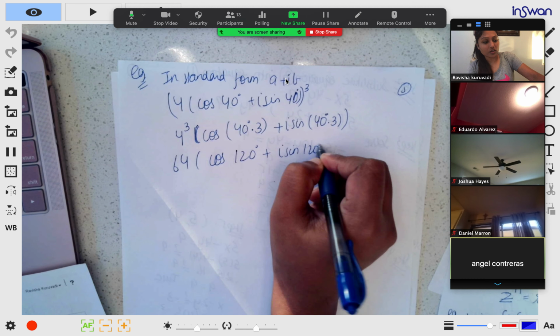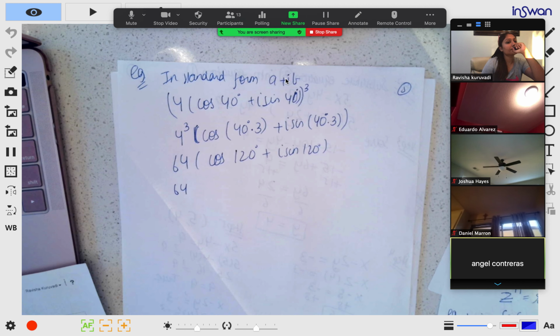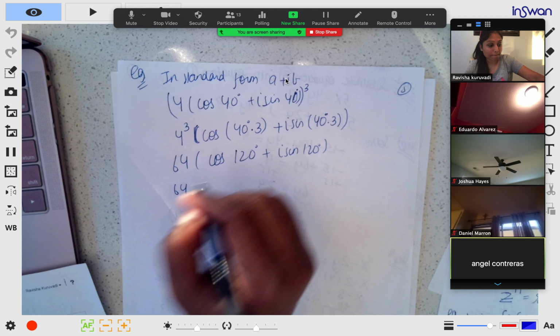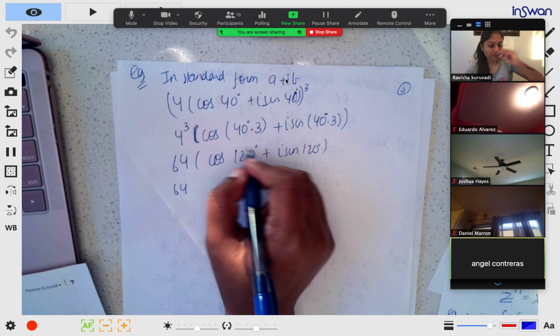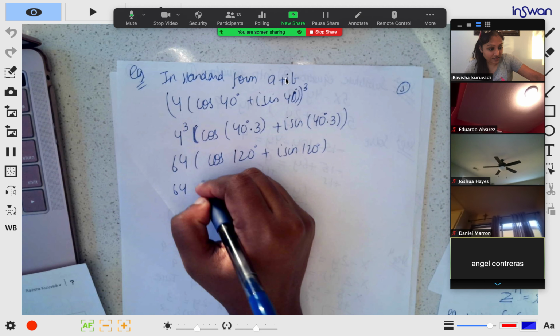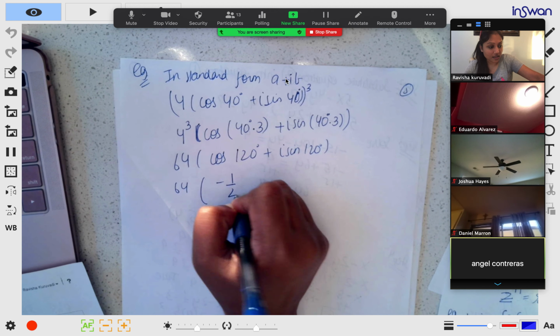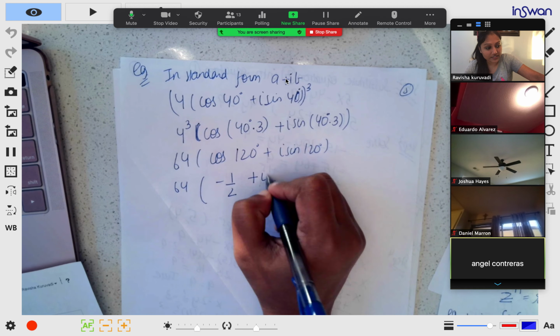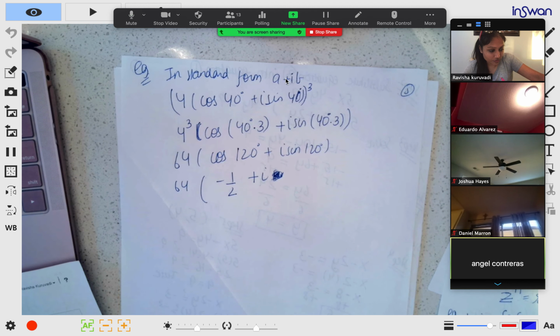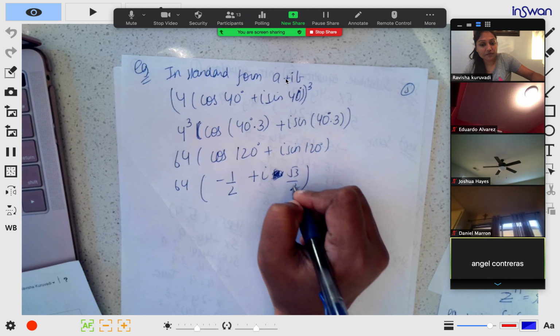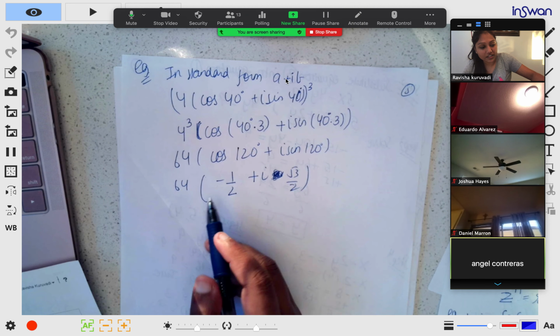Can you tell me what's the value of cosine 120? It's negative 1/2. Negative 1/2 plus I sine. What is sine 120? Root 3 over 2. Correct. Okay, let's simplify. If I multiply 64 with negative 1/2, what do I get?